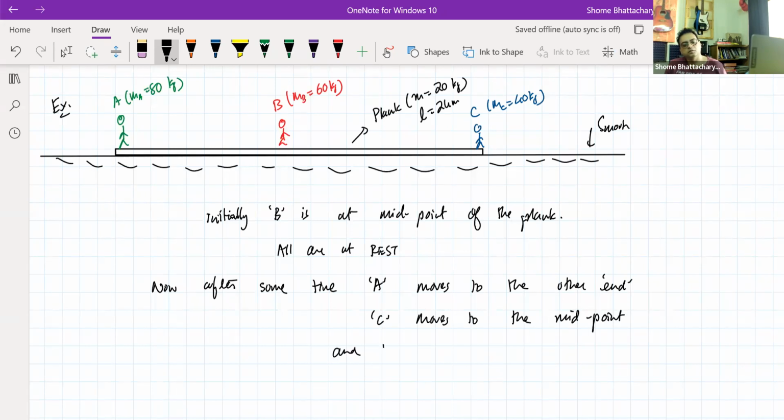And B moves to A's original position. So find the displacement of the plank during this time and their individual displacements.